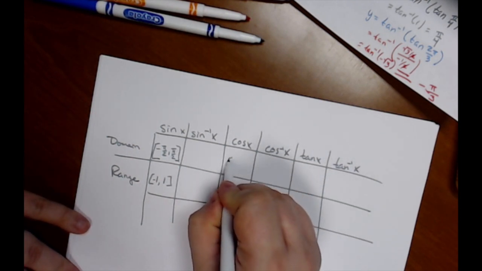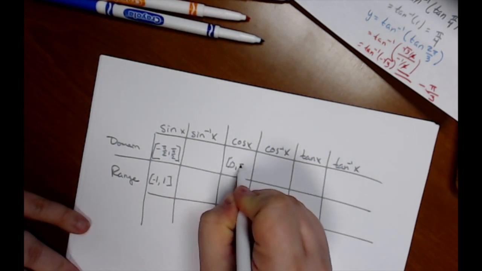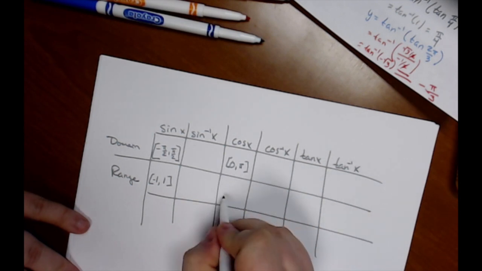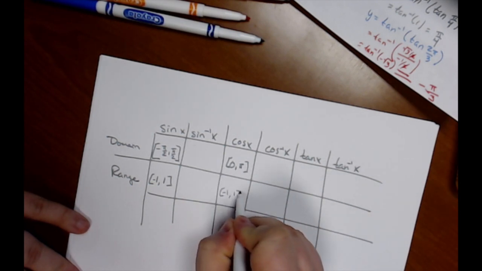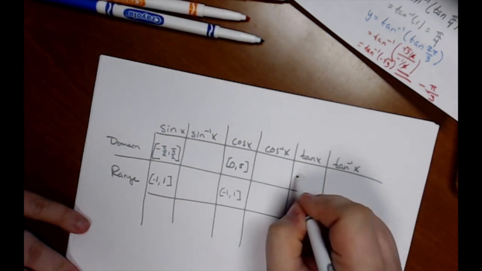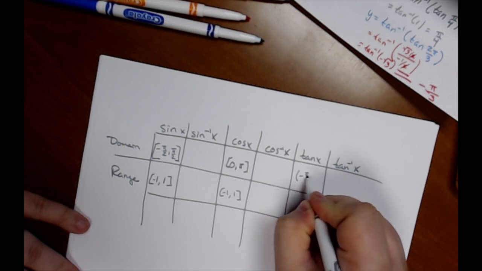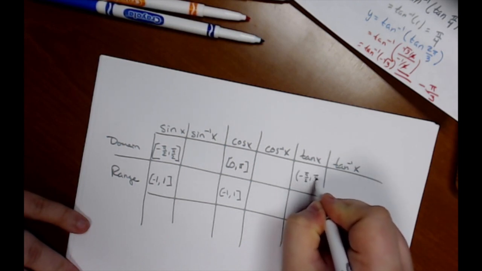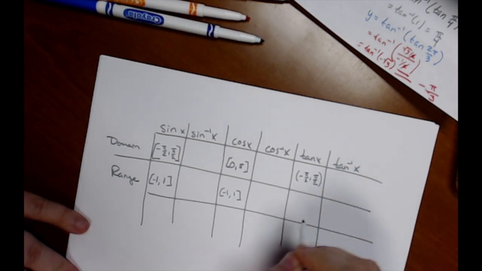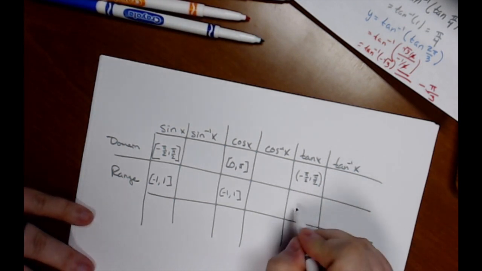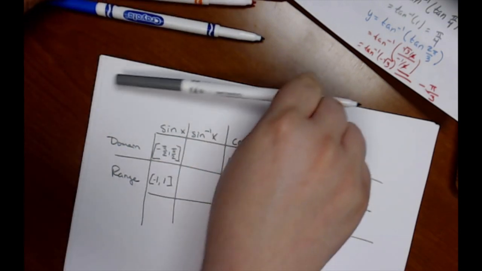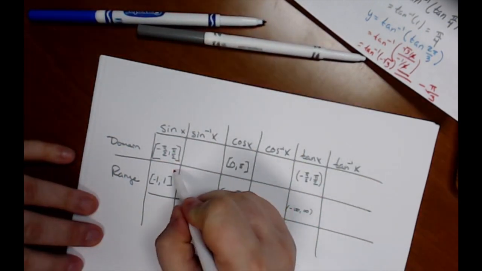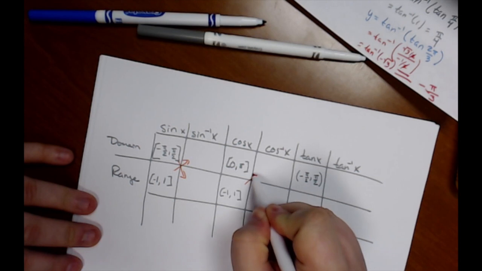Cosine we restricted to between 0 and pi, and still negative 1 to 1. For tangent, we were at negative pi over 2, pi over 2. Remember, we couldn't include those because of our asymptotes. And our range was negative infinity to infinity. And whenever we find an inverse, these swap positions.